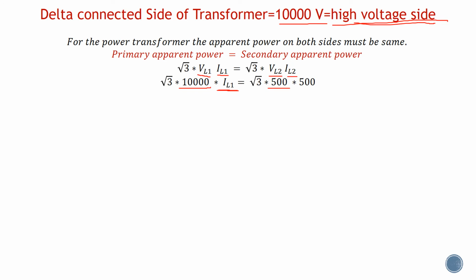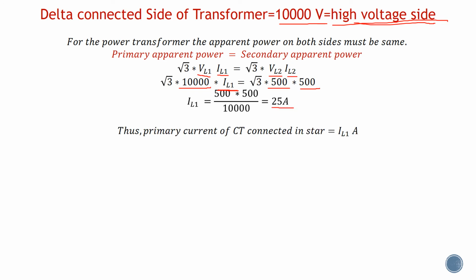The voltage on the low voltage side or the secondary side of your transformer is 500, and we have assumed the current flowing here is 500 ampere. Therefore, the line current at the high voltage side comes out to be 25 ampere. As already said, CTs are connected in series with the line. Therefore, this line current will actually be the primary current of your CT.